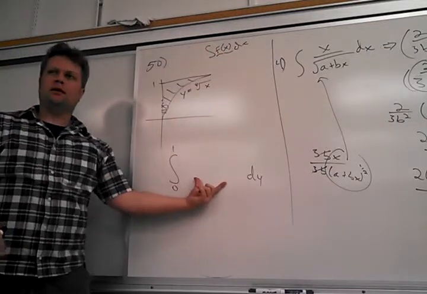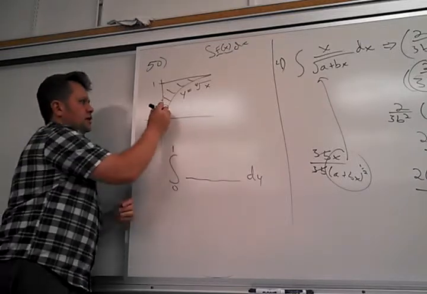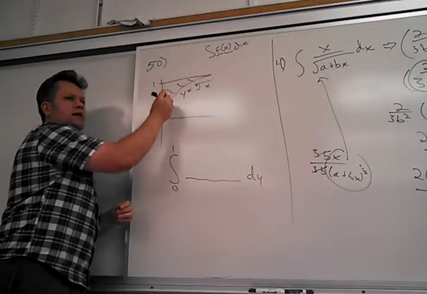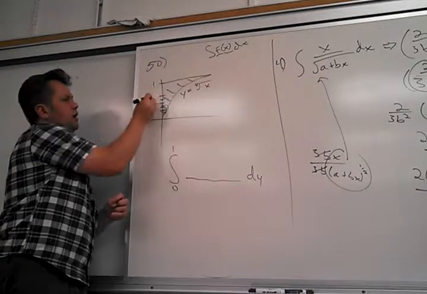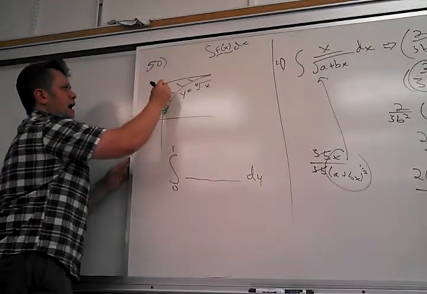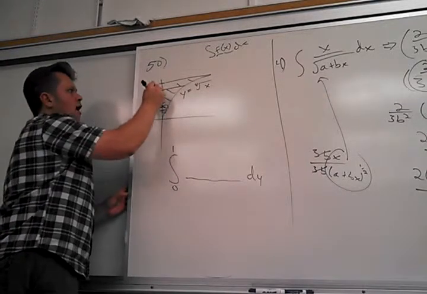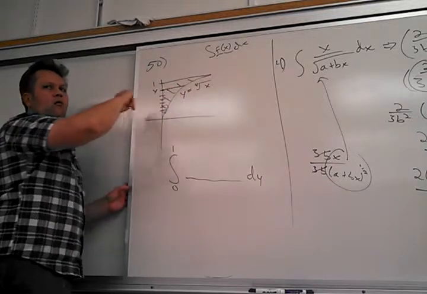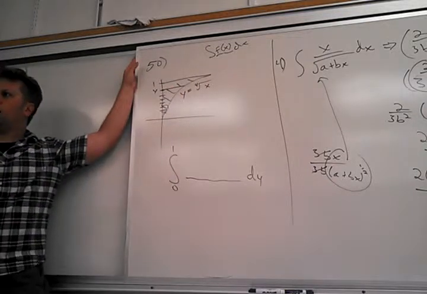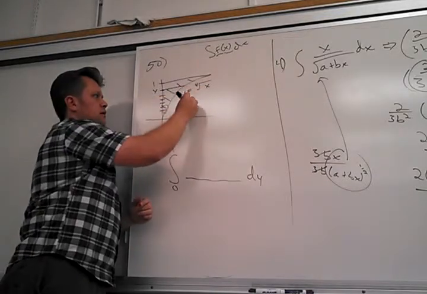If it's dy, this better be a function of y. Because what I really want to do, remember, is as I change y, as I move along the y-axis, I'm not going to have a bunch of little yi's instead of xi's. So what's my height going to be set by? For a specific y, it's going to be the output for that y. So I better have a function of y. Right now I have a function of x, and it's pretty easy to turn that around.